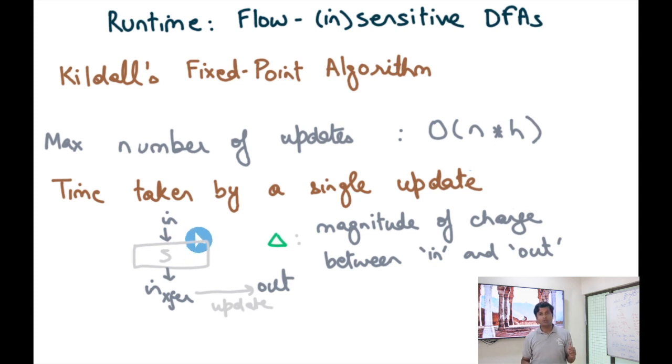So we have an input value at the beginning of S, and we transfer it across S to obtain a transferred value, which I'm going to call in_transfer. Then using in_transfer, I update out, which is the original value at the out of S. And this update can involve a meet operation between in_transfer and out.